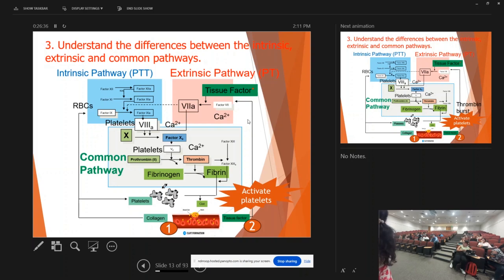So now we have thrombin. Thrombin now acts on fibrinogen. Soluble fibrinogen is going around in your blood.